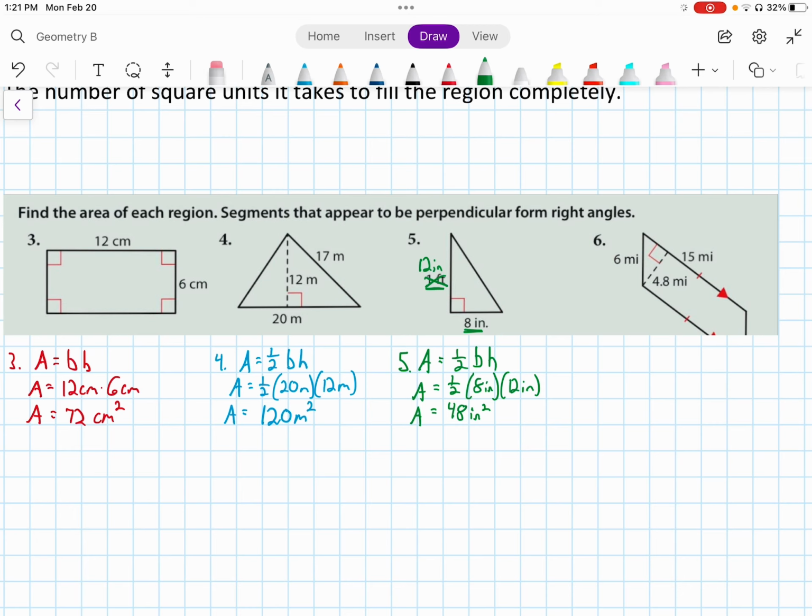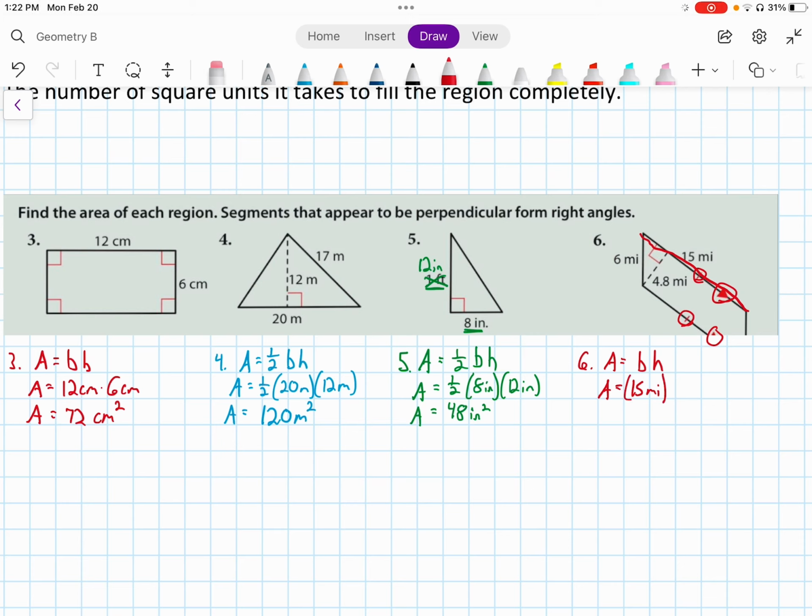The last one did get cut off a little bit here, but this is a parallelogram because one pair of sides is both parallel and congruent. So parallelogram, the area is just base times height, and we do have to remember base and height are always perpendicular. So actually our base we will use as this 15 miles. And the height is perpendicular to it.